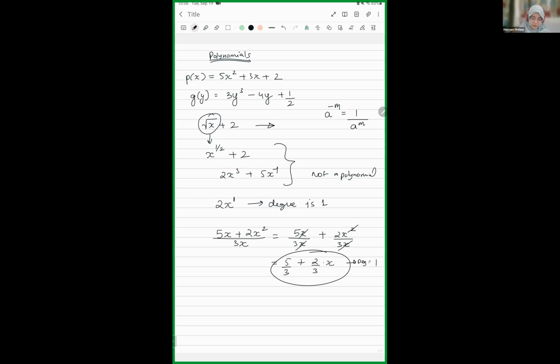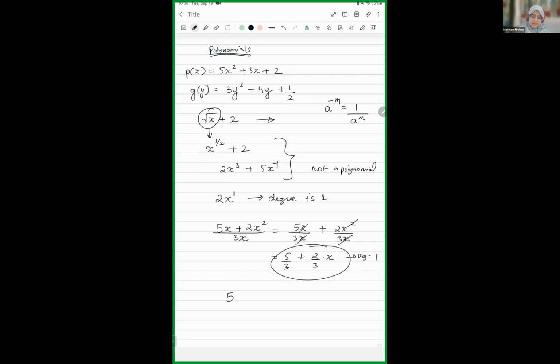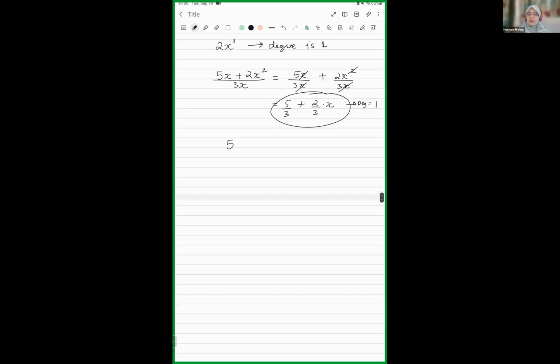What is the degree of the polynomial 5? Is it a polynomial? Yes, it is. What is the degree? 0. Because it is x to the power 0, and we said that the power can be anything, but it has to be a whole number.